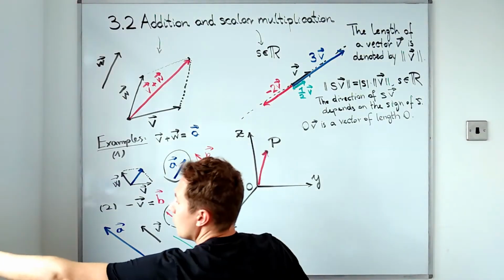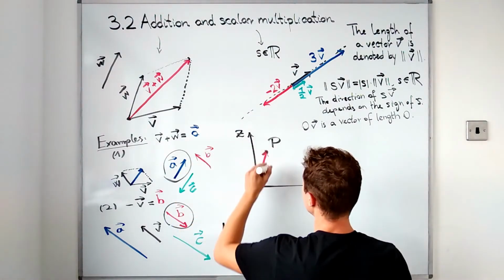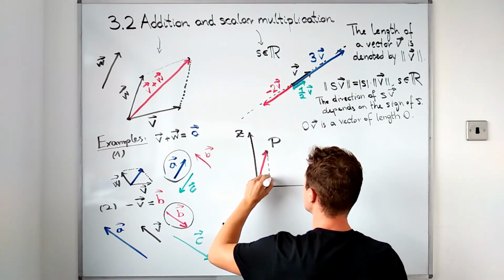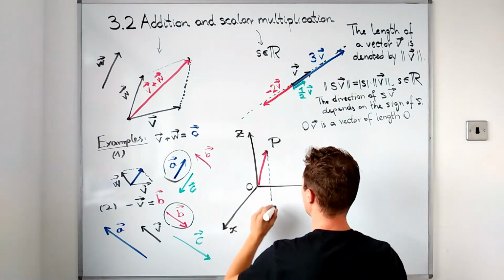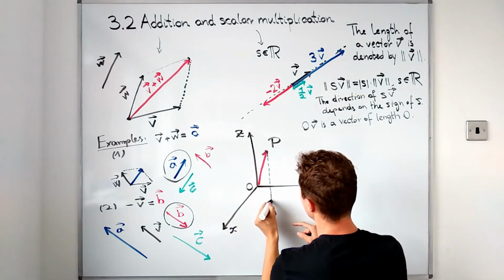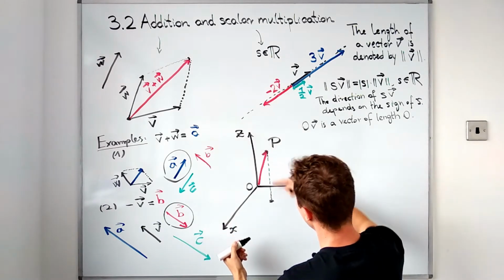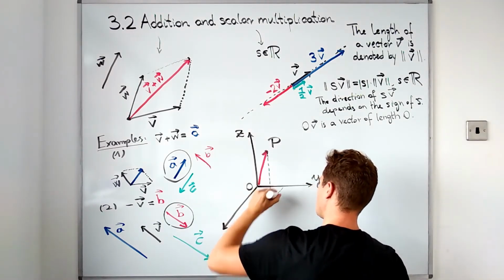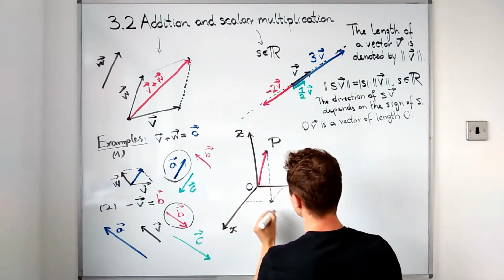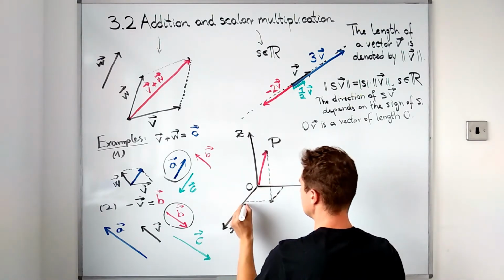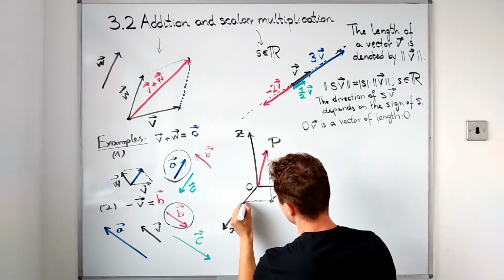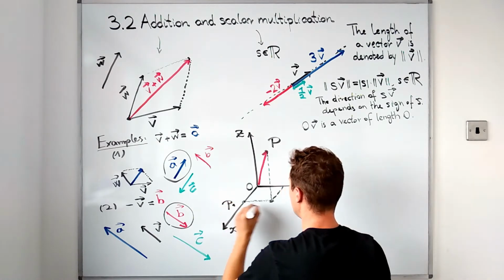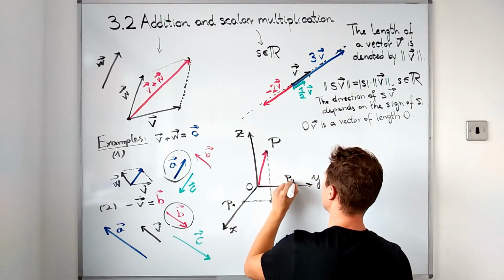And now, in order to obtain the coordinates of this point or this vector, we have to first project our point down to the xy plane. So we drop the endpoint down to the xy plane, and then we project this point further down to the axis. And this way we obtain the coordinates, which we'll call P1, P2.